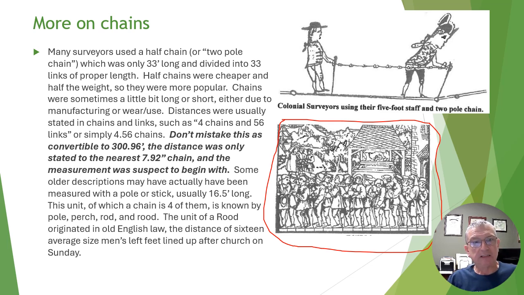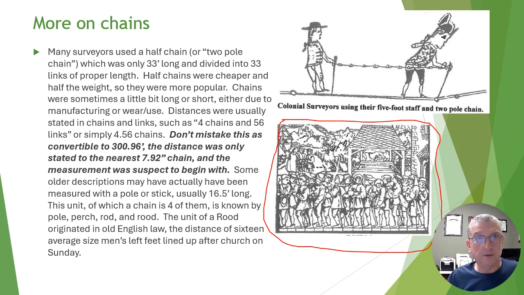So these gunner's chains would be used, and you can measure to the nearest link, which again is a little bit less than 8 inches. That's fairly precise if you're going out into the raw countryside of England 800 years ago or so, or 600 years ago, and trying to measure off land.